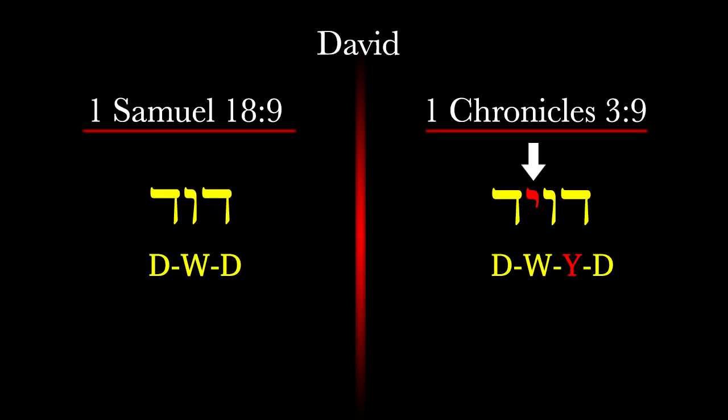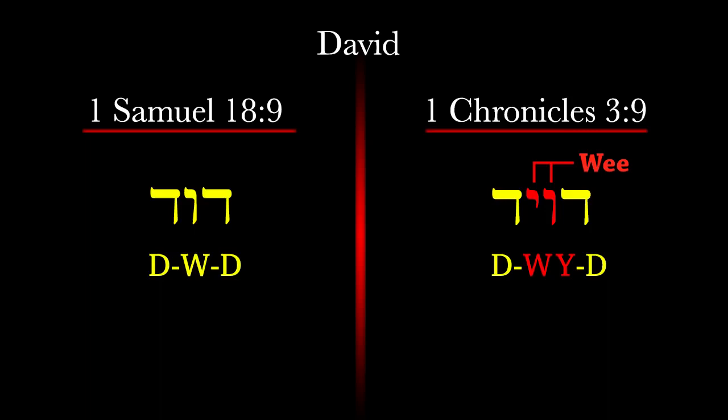This Y is a vowel letter that produces the E sound. This vowel letter tells the reader to pronounce the Y with an E sound after it. So instead of saying Y, you would say we. The vowel sound E is combined with the previous letter Y, giving you the sound we.